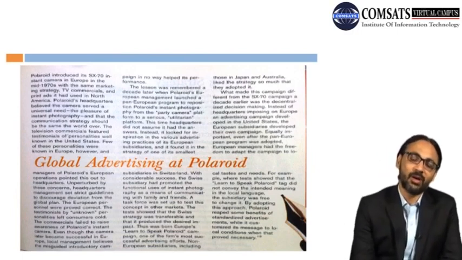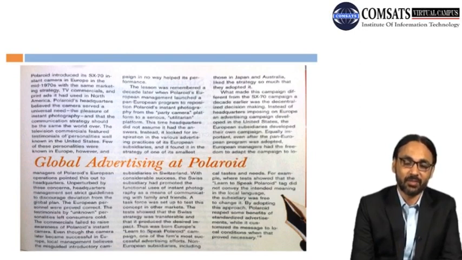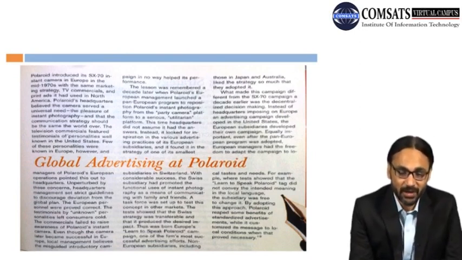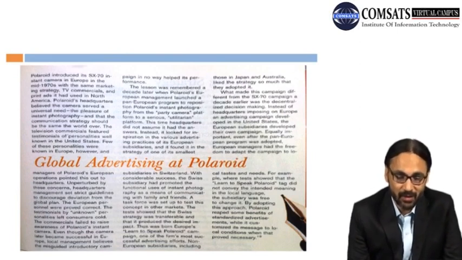Polaroid was using the same strategy used in the USA to market its SX70 camera through print media and TV. Polaroid's headquarters believed the camera served a universal need, the pleasure of instant photography, and that the communication strategy should be the same around the world.